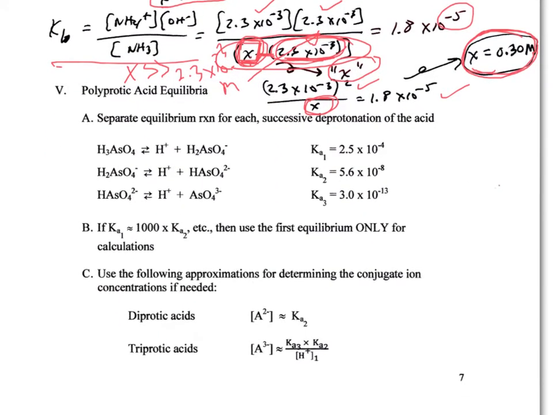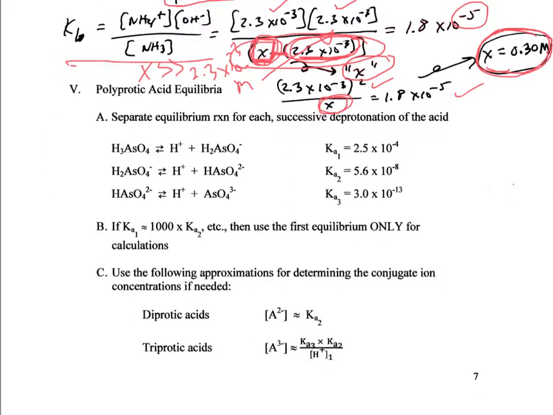Okay, so last but not least, this last section is simply going to be a bonus type situation. For the sake of time, I may put it as a bonus question, but it is not going to be required and you won't necessarily have to know how to do the calculations. You need to understand the concept of what's going on.